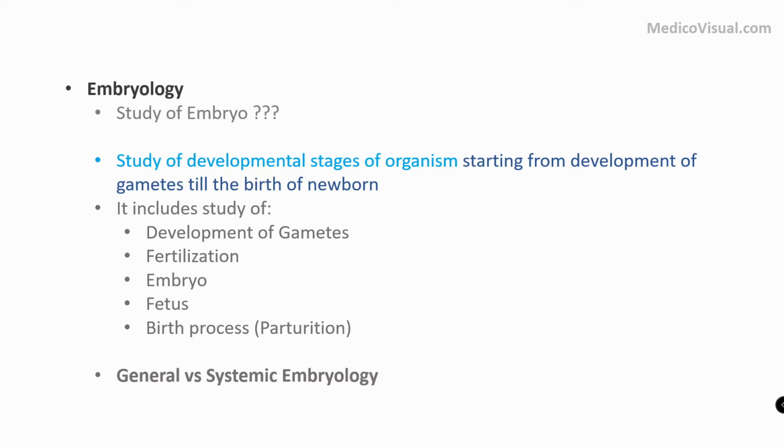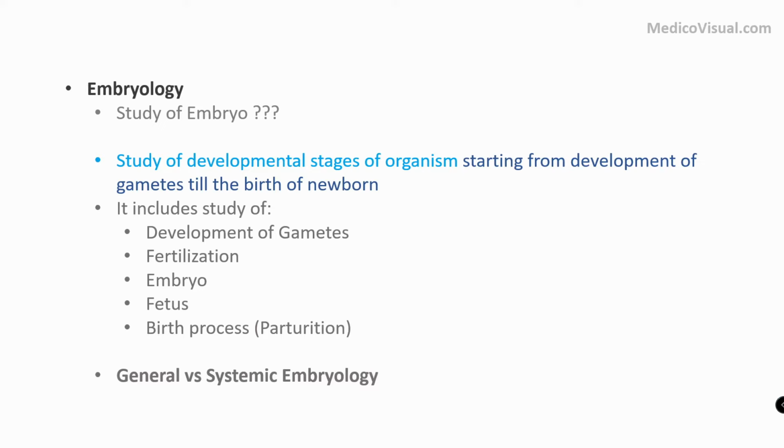In general embryology, we do not focus on the development of a particular system. We don't study it system-wise, but in chronological order: what happens in week 0, week 1, week 2, week 3, month 1, month 2, and so on.